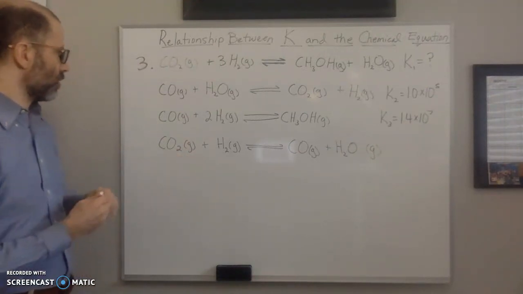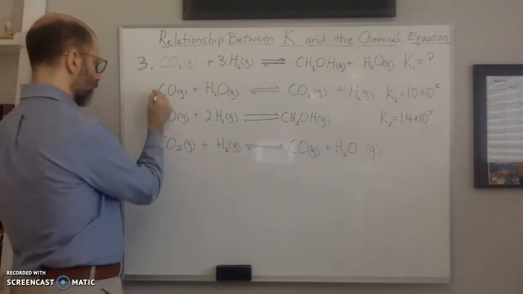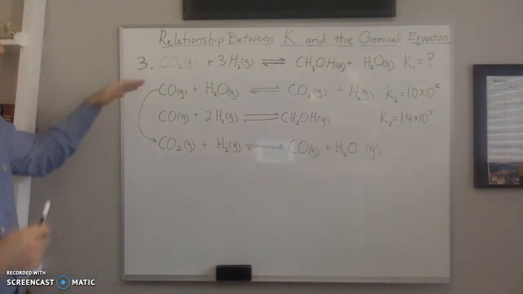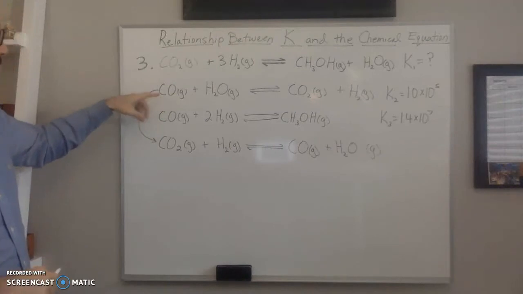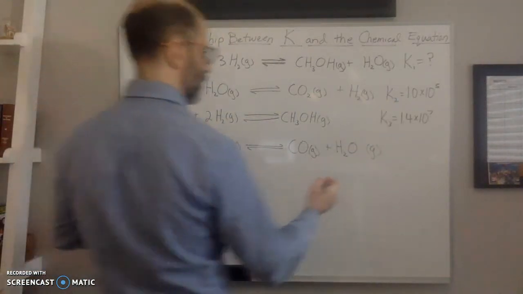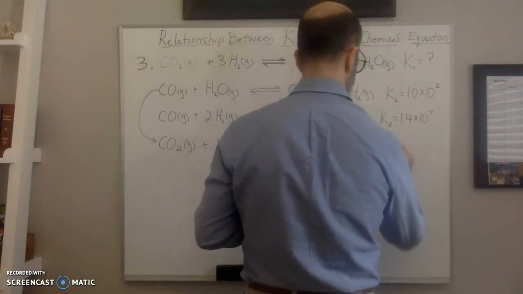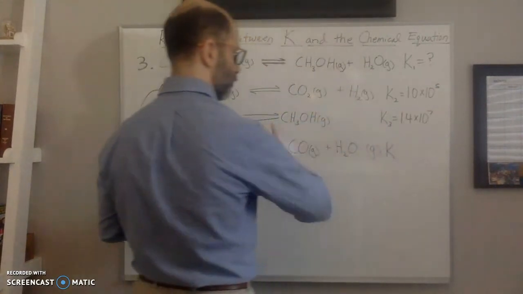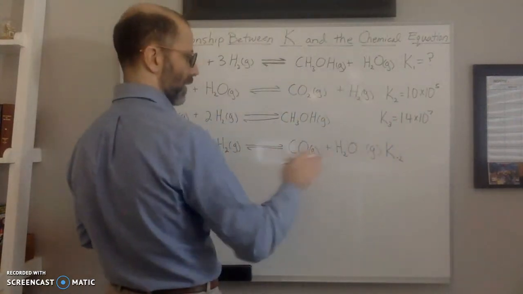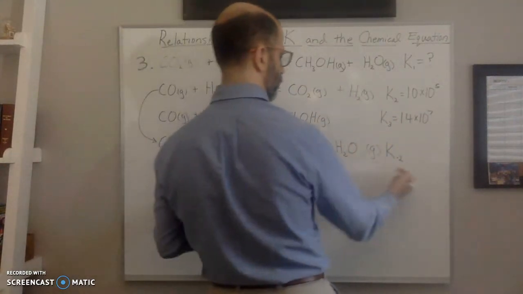All right, so I'm taking this one and I flipped it, which means that I'm going to have to take the inverse of this. So then the K value for this, since we flipped it, we'll call it K negative 2, to mean that we flipped it.